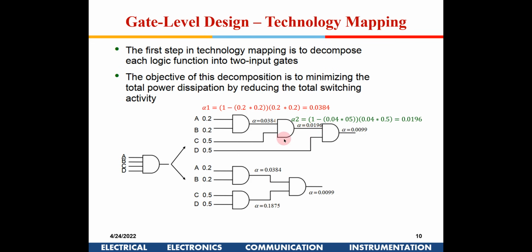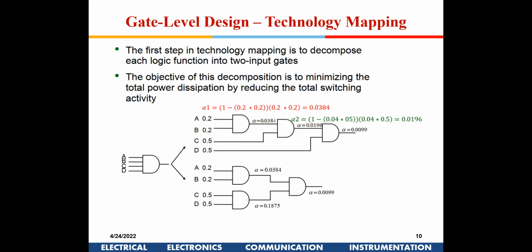So as far as the low power design is concerned, although propagation delay wise this topology could result in some glitch, from the power point of view this particular circuit has a reduced activity at this node.